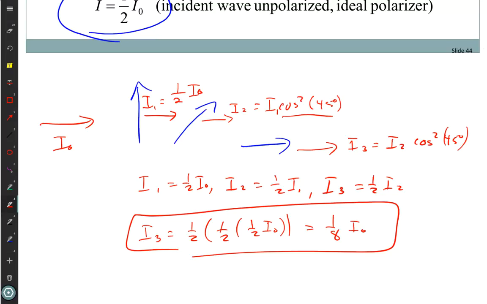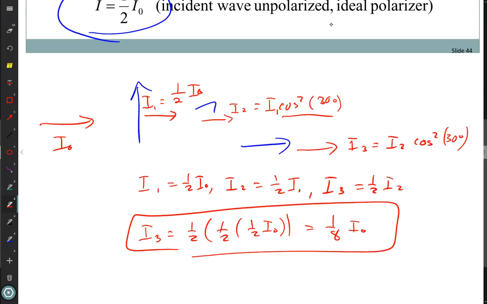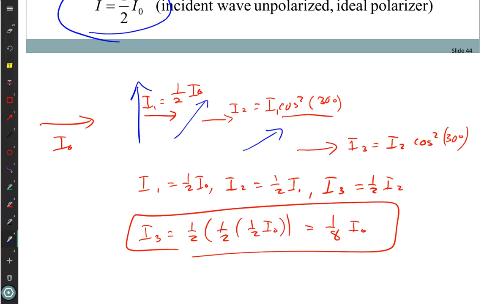Now I did this example in class last year and I asked a question on the test with 30 degrees instead of 45. Of course the pictures have to change as well. And it even had a picture. What do you think happened on the test? About half the students said 1/8. But if it's 30 degrees between them, then you have cosine of 30 degrees. Anybody know what cosine of 30 degrees is?